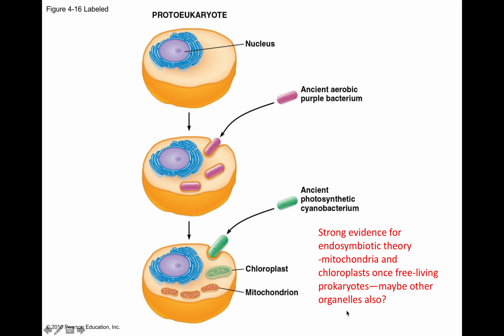Maybe other organelles were also once free-living. Not as strong evidence for those, but very strong evidence for chloroplasts and mitochondria. That's why it's called an endosymbiotic theory, not the hypothesis, but a theory, in that this is an idea that has withstood many, many experiments and stands up to lots of data. And the best explanation for all those data is that they were once free-living prokaryotes and now are part of our cells living symbiotically.